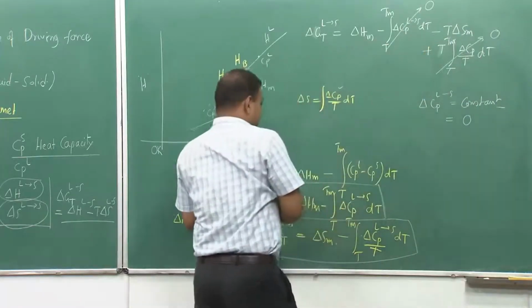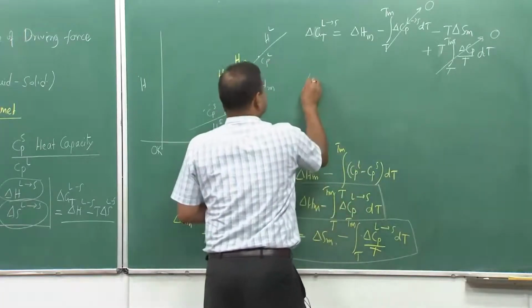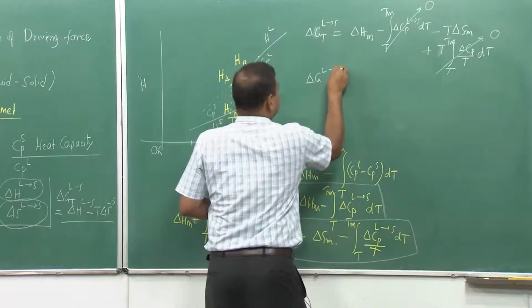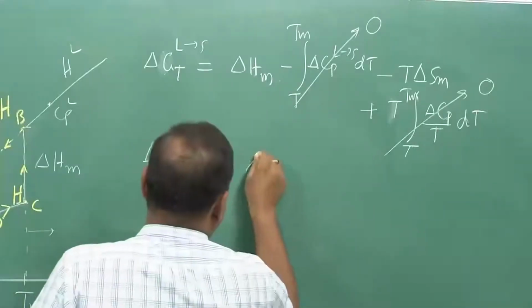Now, if we take this to be 0, then this term as well as this term goes to 0. So, we are left with this term and this term.